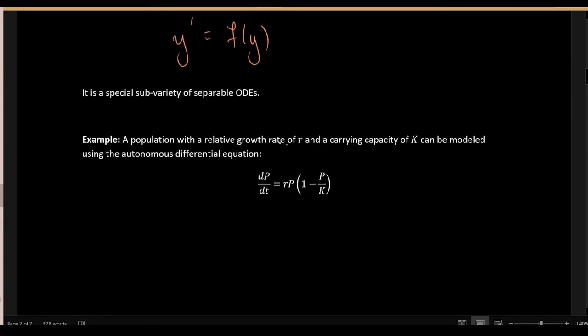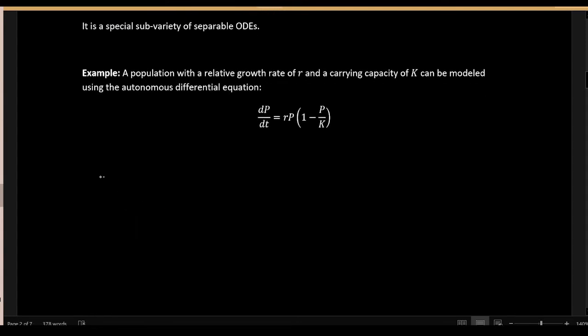Examples of autonomous ODEs arise frequently when you're dealing with population growth, either short-term exponential population growth, which just has the form maybe p prime, p for population, is some number times p, or for a more accurate representation of population growth, especially in the long term, we have this logistic population growth equation, which we saw in video 1.